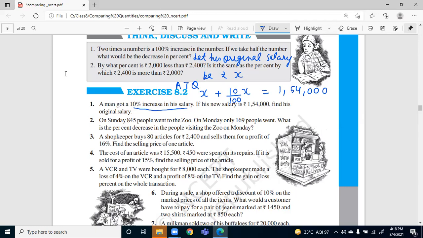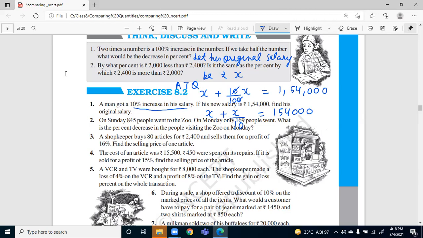Yes, ma'am. So now I can solve it. This 0 and 0 will get cancelled. So the next step is X plus X upon 10 is equal to 1,54,000. So now I started solving it and I will get the value of X, that is its original salary.